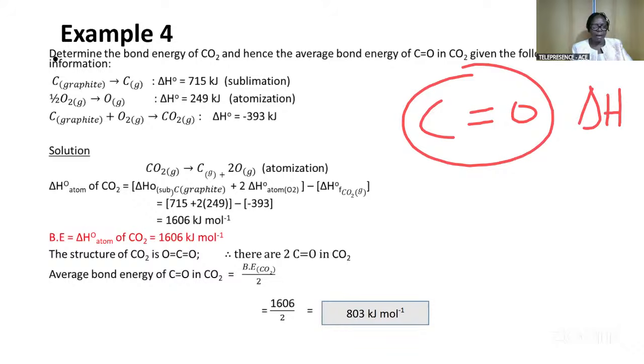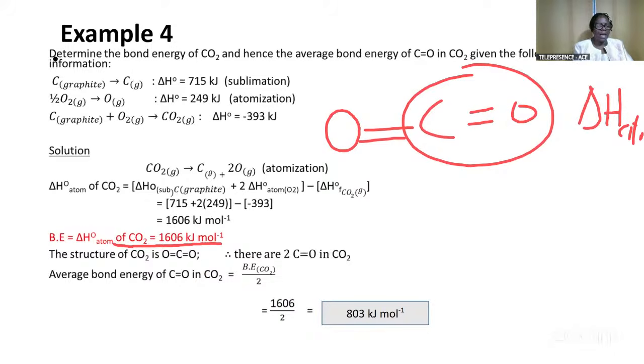For that singular molecule, you can as well relate it to the bond energy of the molecule. So the bond energy then talks about the total amount of energy, the atomization value that we got is referring to the energy that is required to break all these bonds down to give you all the atoms in CO2, all the atoms separated by infinite distance.